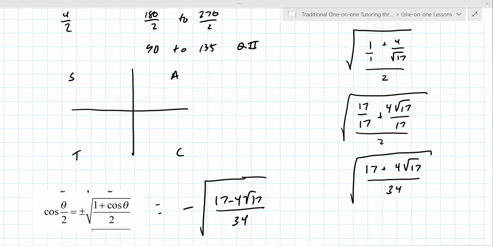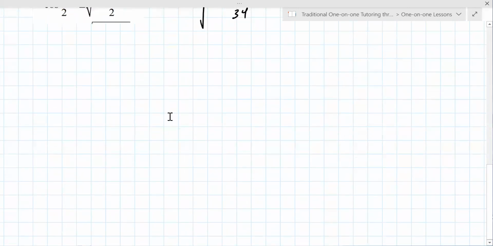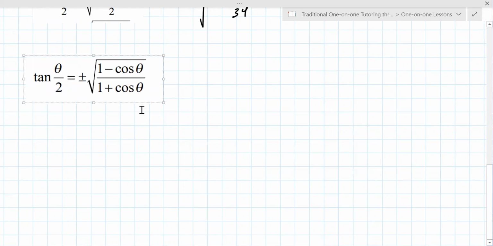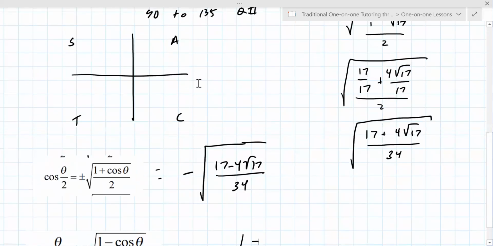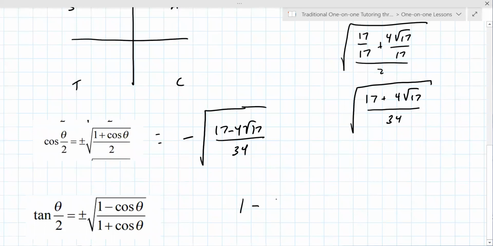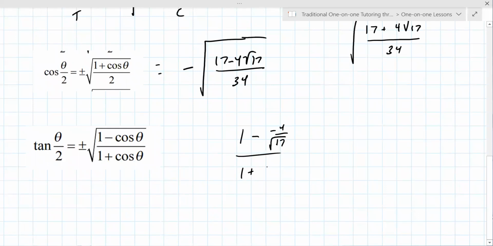Tangent is slightly different. Again, more stuff to remember here. Tangent is 1 minus over 1 plus. So it's going to be 1 minus minus 4 over square root 17, over 1 plus minus 4 over square root 17, square rooted.